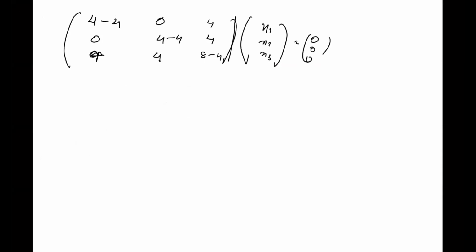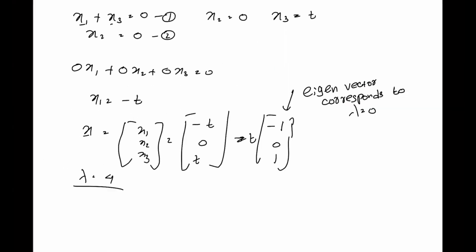I'm not going to solve it completely right now. It is actually 4, 4, 8 minus 4, times x1, x2, x3. You have to find which values of x1, x2, x3 give you 0.